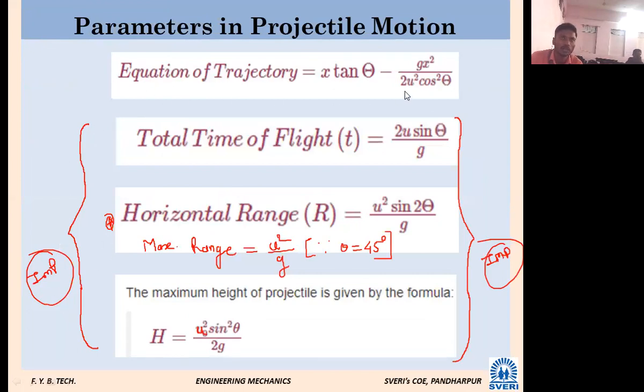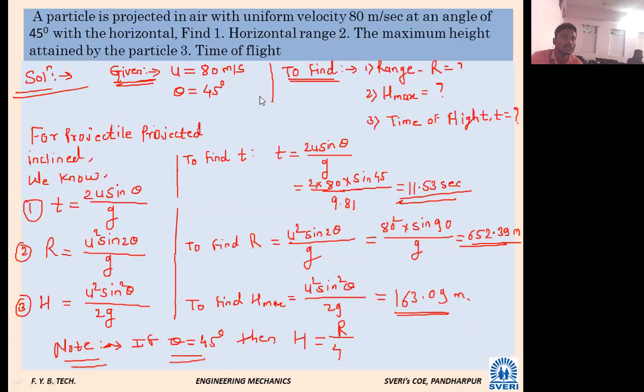IMP. The equation of trajectory may be asked in a multiple choice question or may not be, but these equations are important. Depending upon this only 1 or 2 MCQs will be asked, definitely 1 or 2. So you have to understand from the problem statement itself in which category the problem falls, so only given things and whatever it is asked.